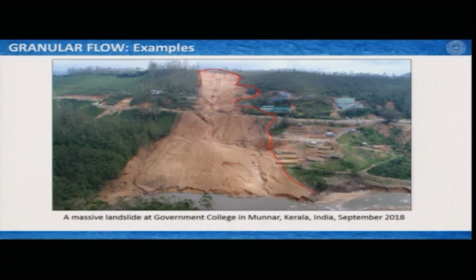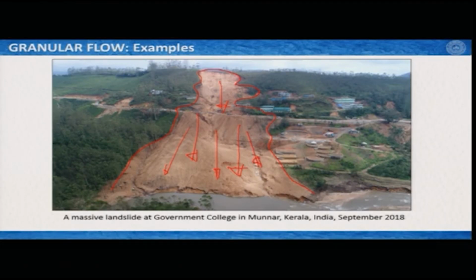Materials from the top flew and rolled towards this direction. This is a place near the government college in Munnar, Kerala, and that happened in September 2018. What you see here is that these materials just came down, sliding and rolling.